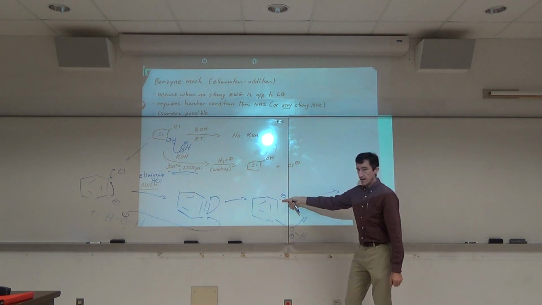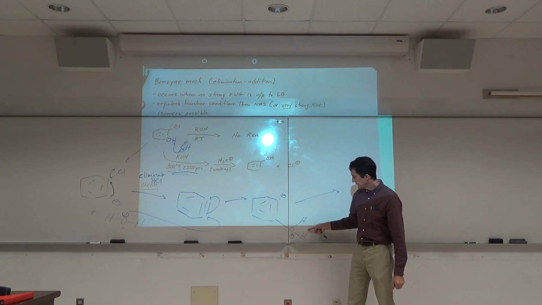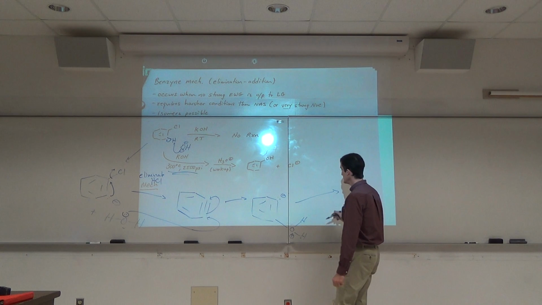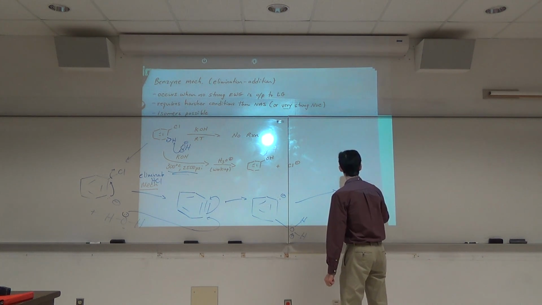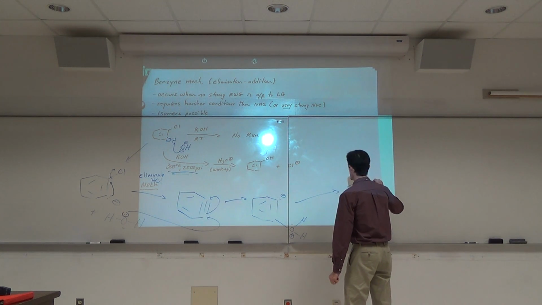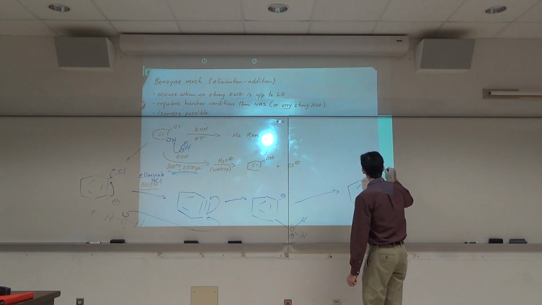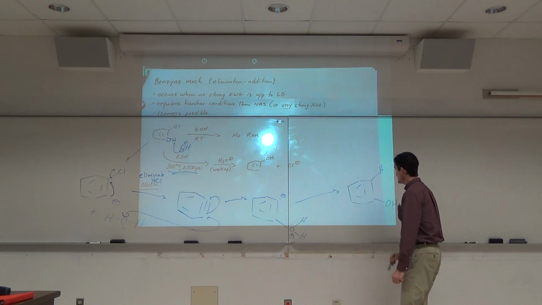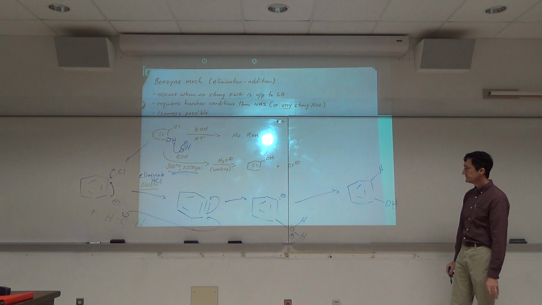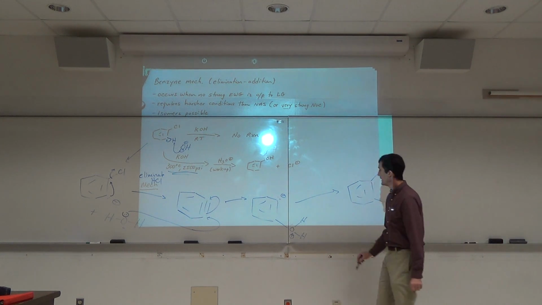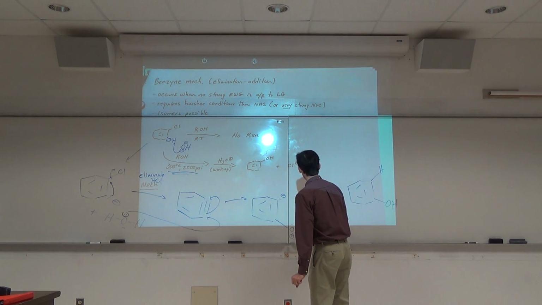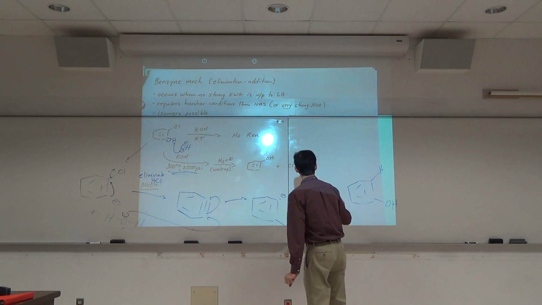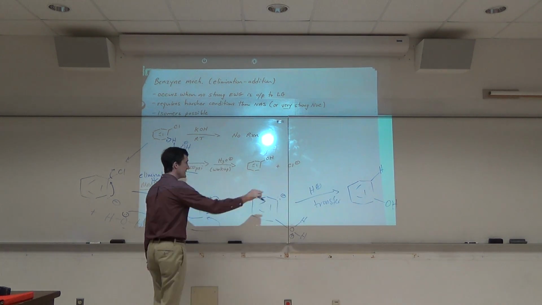Now you've got a strong base. That's a proton source, it looks like H3O+. You're going to have what? A proton transfer. That will give an H there and an OH here. And what is that? H plus transfer. We'll talk about that next time. That's not actually the end.